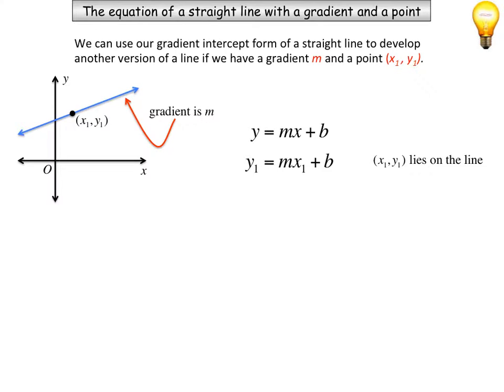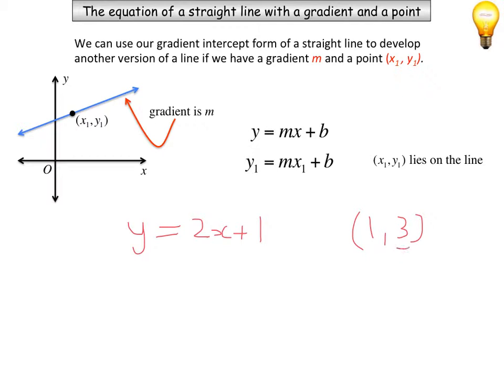What that means is, for example, if I had y equals 2x plus 1, and I know that the point (1, 3) sits on that line. If I substitute (1, 3) into that line, it satisfies the equation. In other words, it makes sense.